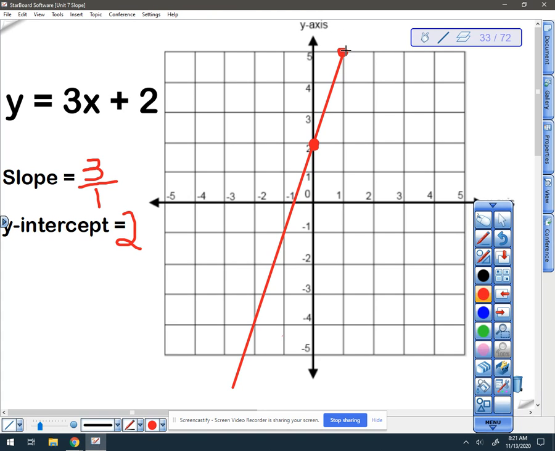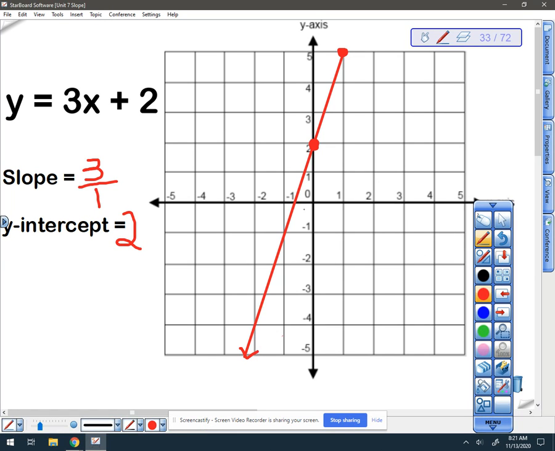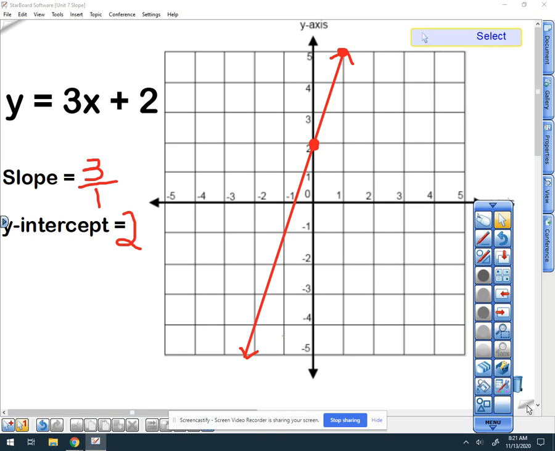So you want to make sure your line goes all the way across your graph, from where it goes out of the top of the graph all the way through to the bottom of the graph. All right, so if you were doing this, you could really just stop it right there. Because it's a line, it goes on forever, so you would draw your arrows on the ends. All right, let's look at another one.